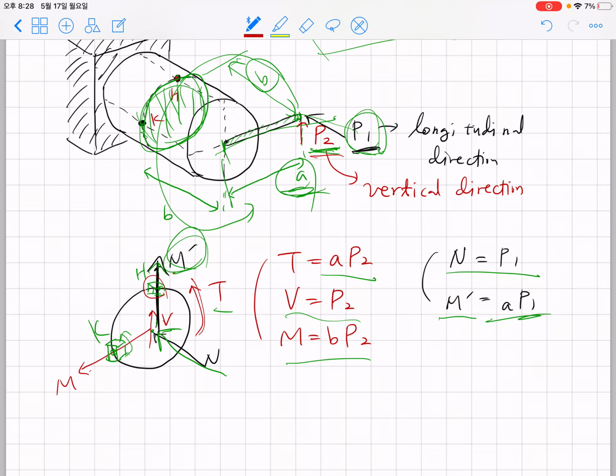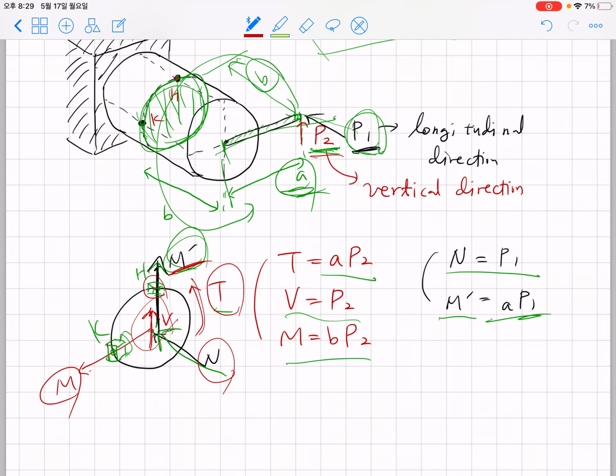There is no stress due to M prime, because M prime goes through H, but there is normal stress due to M, shear stress due to T, and normal stress due to N. And there is no shear stress due to V, because at the top there is no contribution.